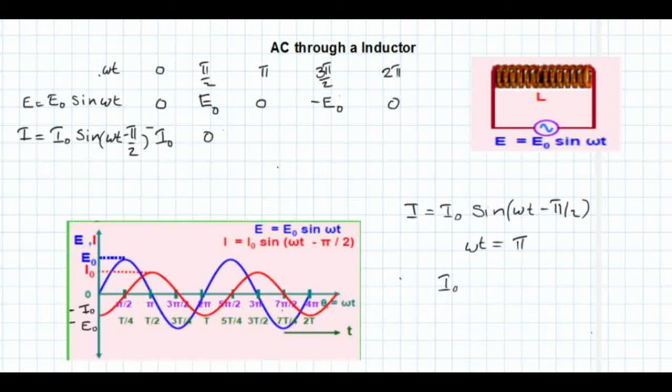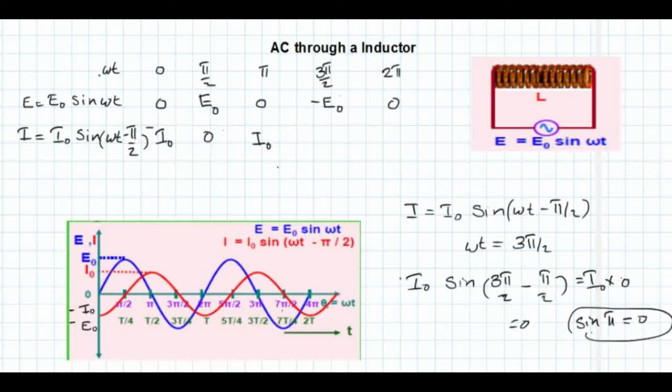Then it is I0 into sine (pi minus pi by 2). And pi minus pi by 2 will be pi by 2. So it is sine pi by 2, which is equal to 1. 1 into I0 is I0. Then it is 3 pi by 2. So sine (3 pi by 2 minus pi by 2) is, the current is again 0.